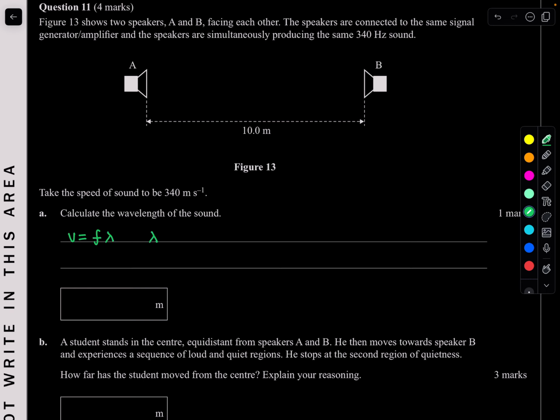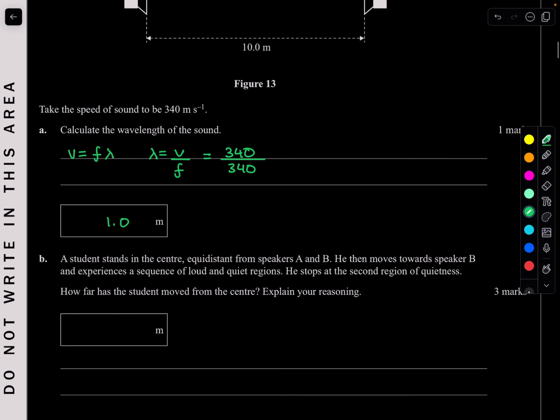So basically your wavelength is your velocity over your frequency. Now we know the velocity is 340, divided by your frequency, 340. So your wavelength is basically 1 meter. So 1.0 meter.